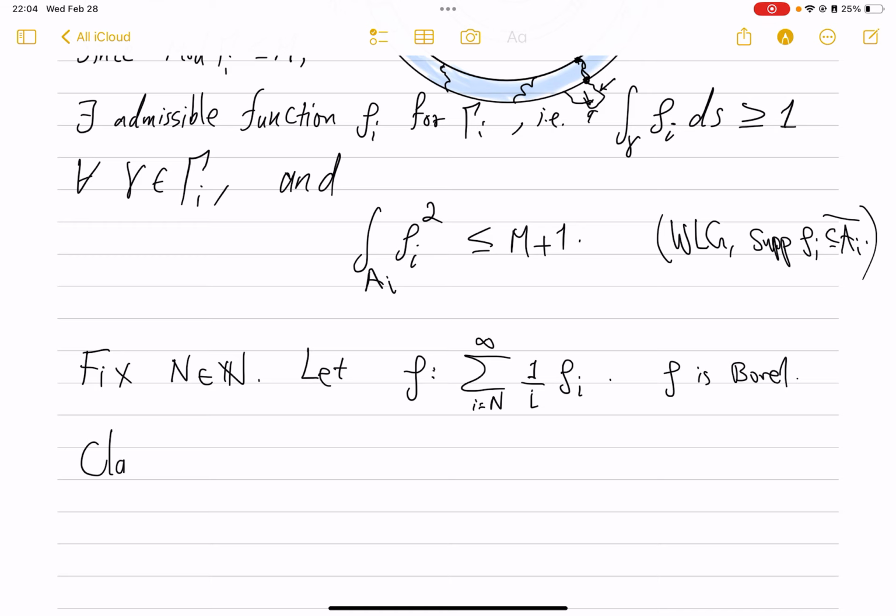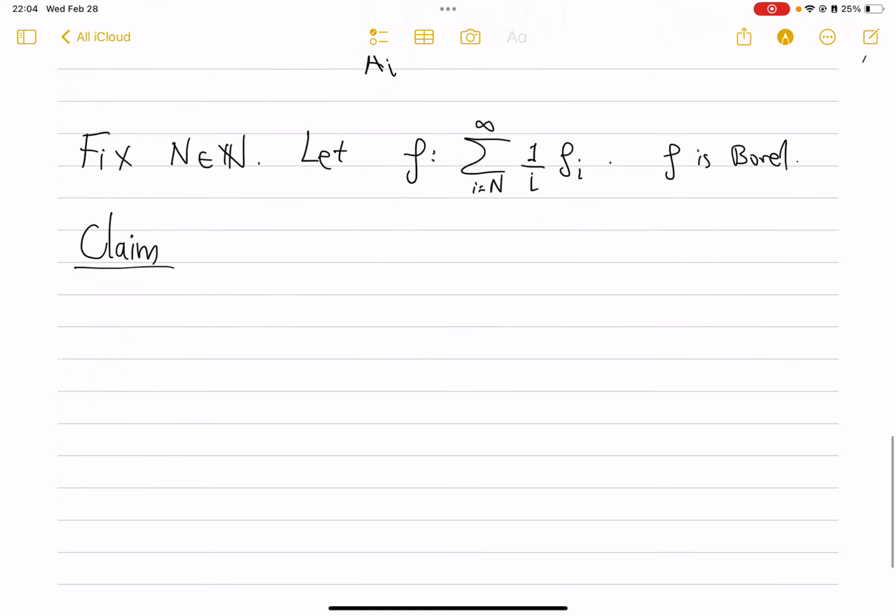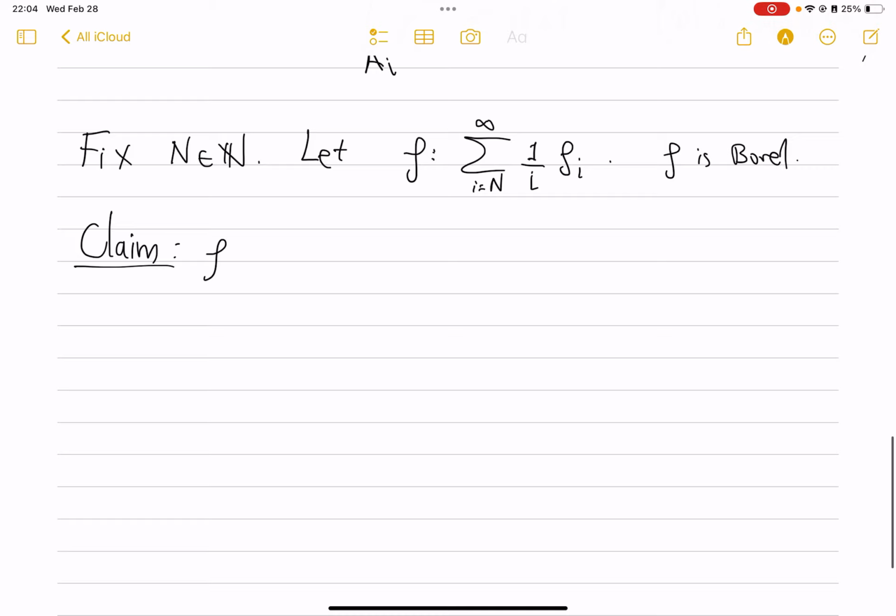And we claim that this rho is admissible for the collection of all non-constant paths through Z0.